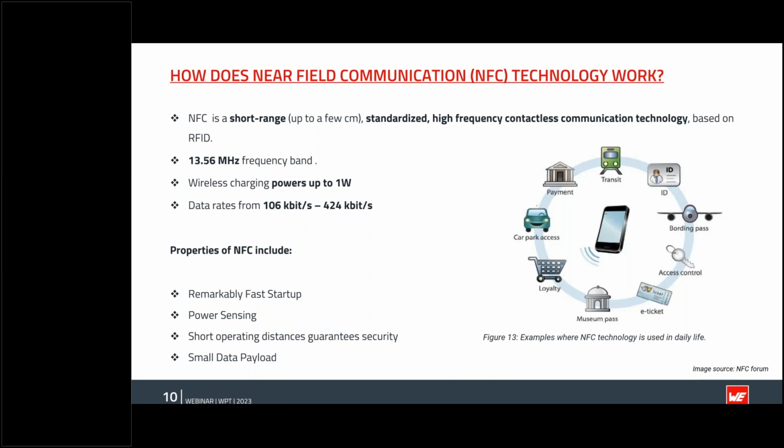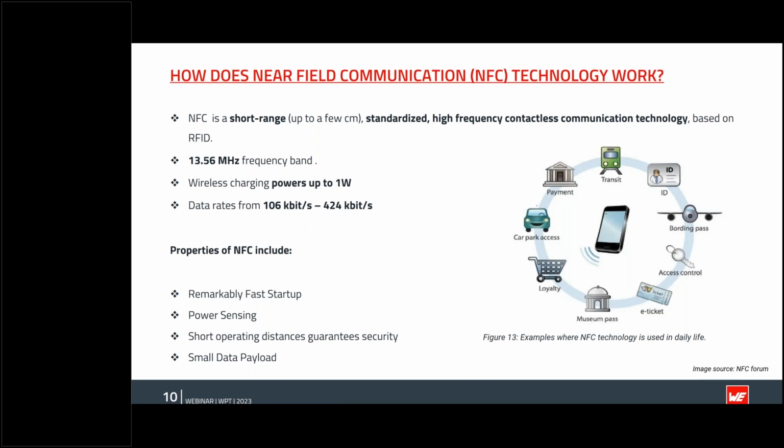NFC is also a short range standardized contactless communication technology, but it is short range in the sense that it can have a separation distance of up to a few centimeters. In WPT technology, the separation was just a few millimeters, and in this case it's a little bit longer. The frequency band is also responsible for this.